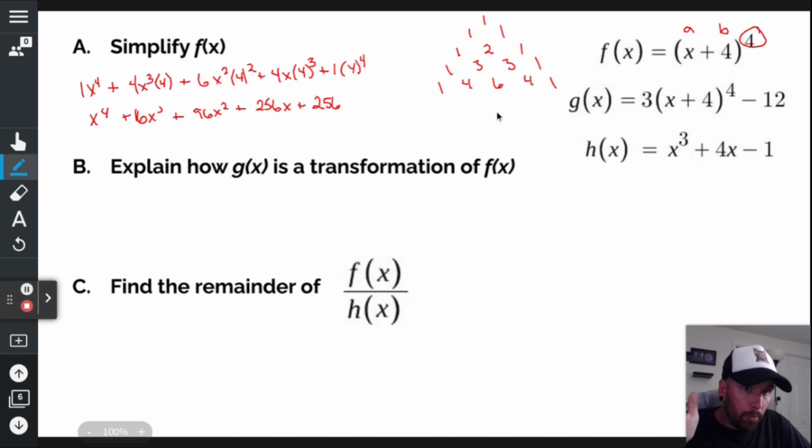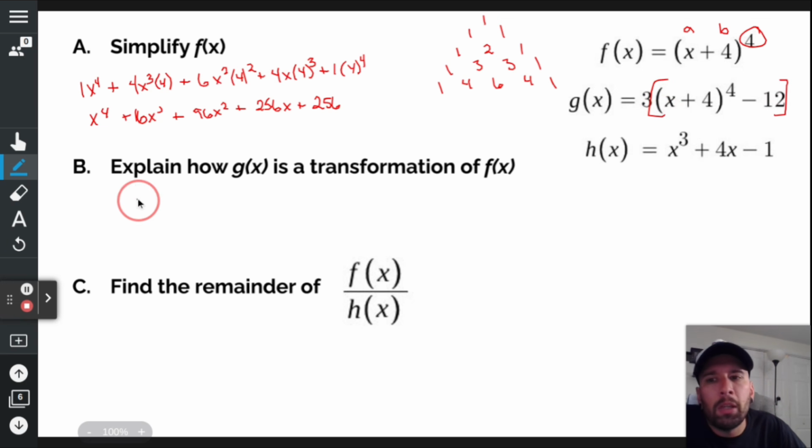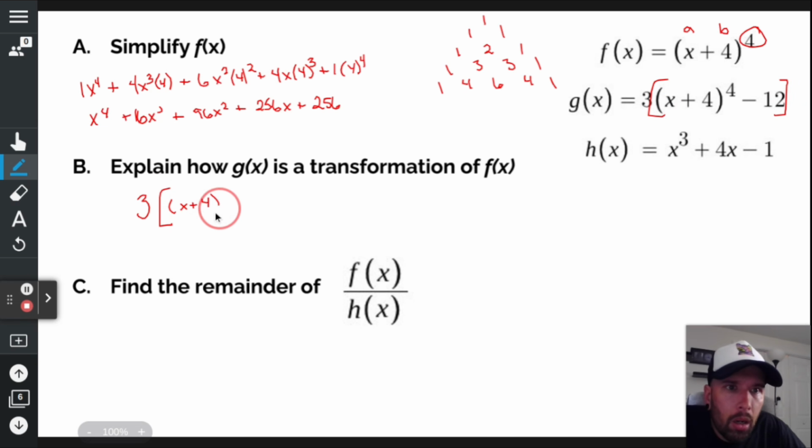What I'm going to do is pull a 3 out of this whole thing. That leaves me with 3 times x plus 4 to the fourth minus 4. So what I have is I'm multiplying 3 to f of x.